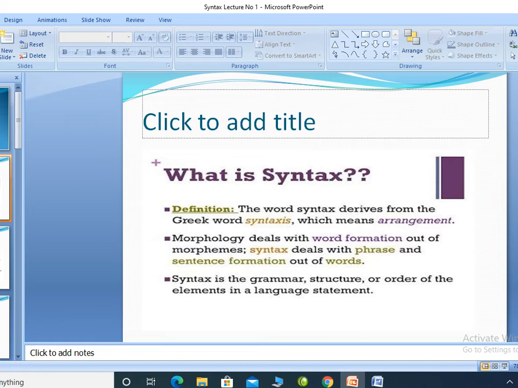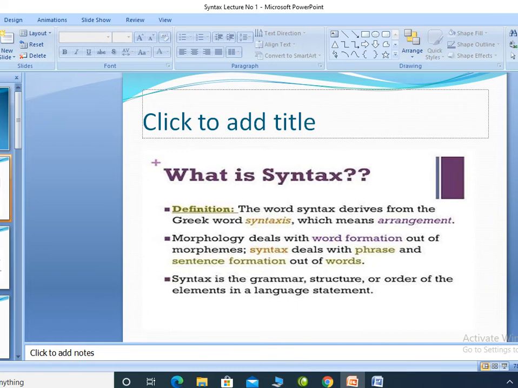So morphology gives us the blocks, the bricks, right? And then these bricks and blocks should be arranged in a proper sequence by a mason, right? The cement and different materials are used to make a compact structure.